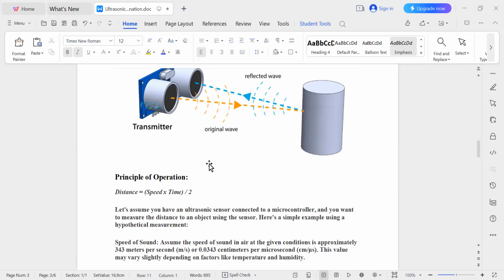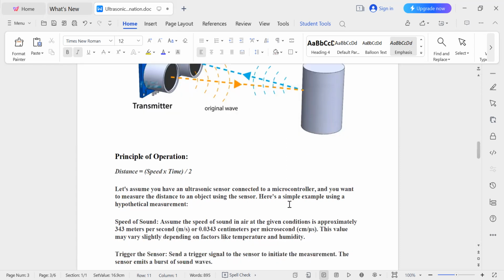So I need 2 parameters. Let us assume the speed of sound in air is approximately 343 meters per second. This is a very important parameter to find the distance.